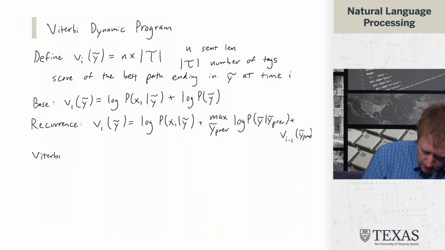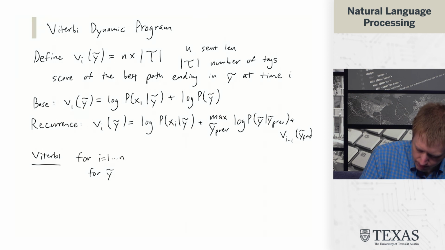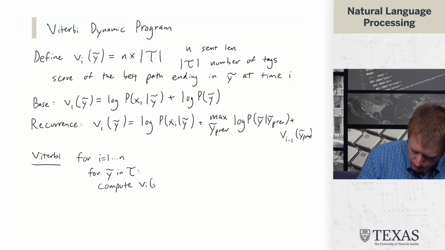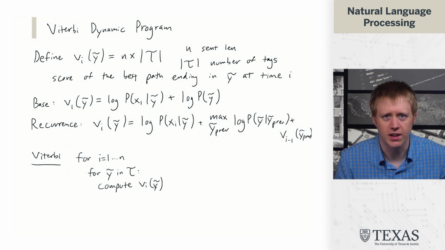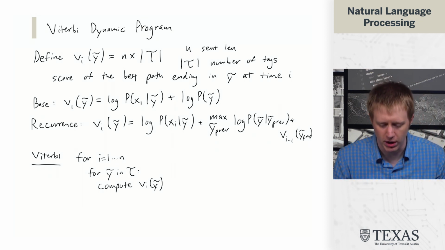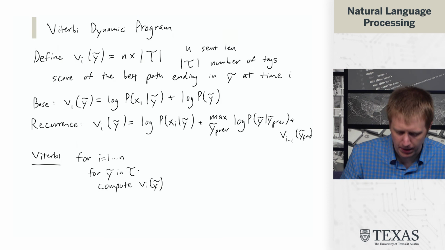All right, so let's just make this algorithm a little bit more explicit. Okay, so this computation of Vi of y twiddle is just going to use the formulas up above.